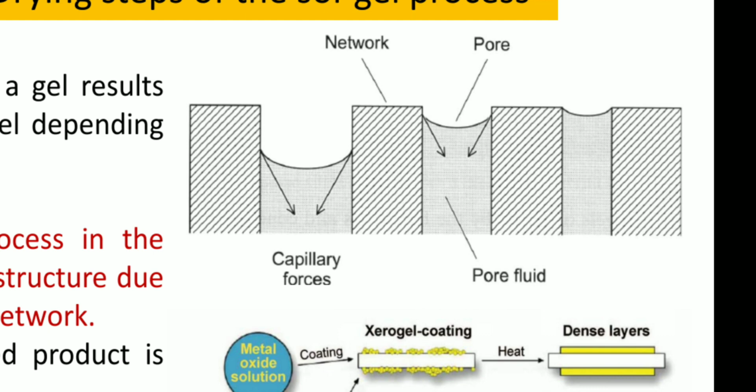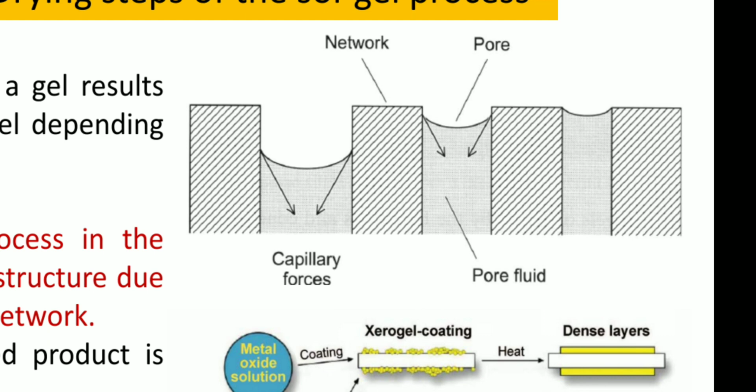In between this network there is a fluid, a liquid, and we are trying to take out that liquid and want the final product in dry condition. When we take out this liquid, there is a generation of capillary forces because of the curvature of these pores.